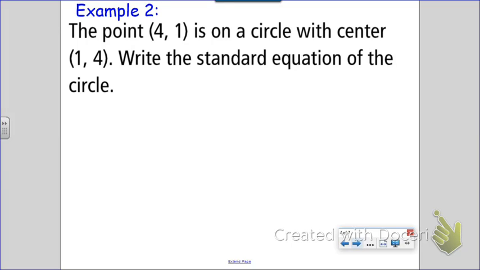In our next example, a point (4, 1) is on a circle with center (1, 4). Write the standard equation of the circle. So on this one, I know x and y, and I know h and k.